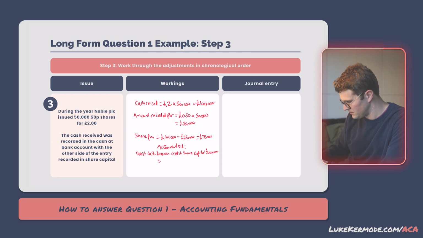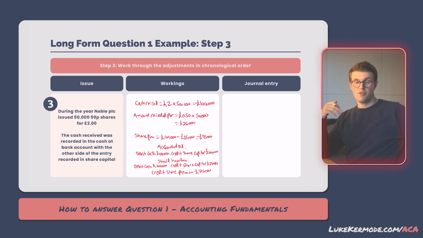What they should have done is debit cash 100,000, credit share capital 25,000, and credit share premium 75,000.